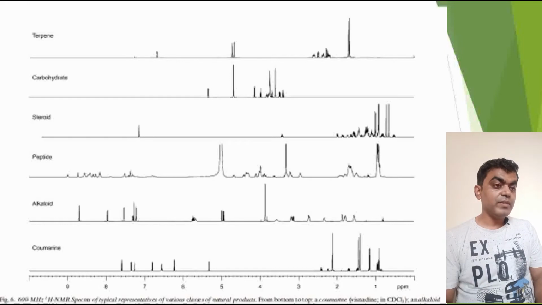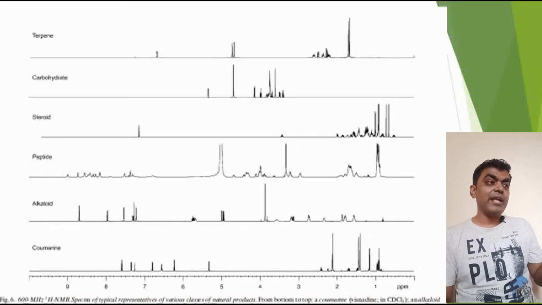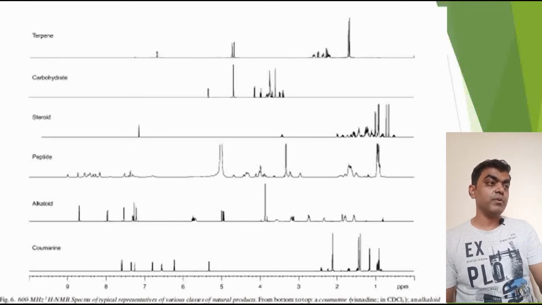Okay, this is another simple 1D experiment, a series of 1D proton experiments of some natural products which are available in our day-to-day life. Protein is one of them. You see steroids, then other things like terpenes, carbohydrates, peptides, alkaloids.